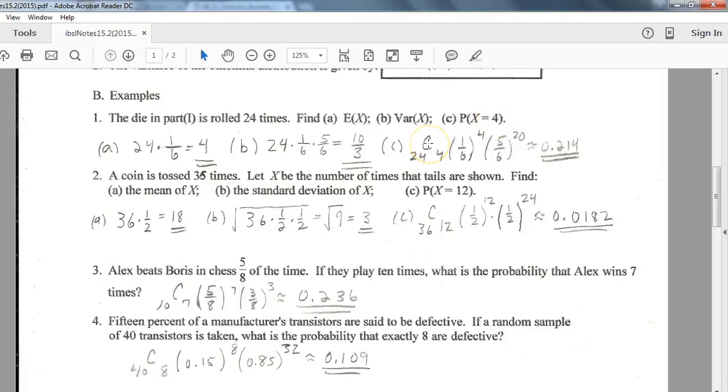As far as combinations go, we have the 24 events, and we're looking for groups of 4 within those. My probability of success for any single number is 1/6, and we're looking for a specific value to occur exactly 4 times, which means my failures, everything else, is going to happen the other 20 times that we do this.